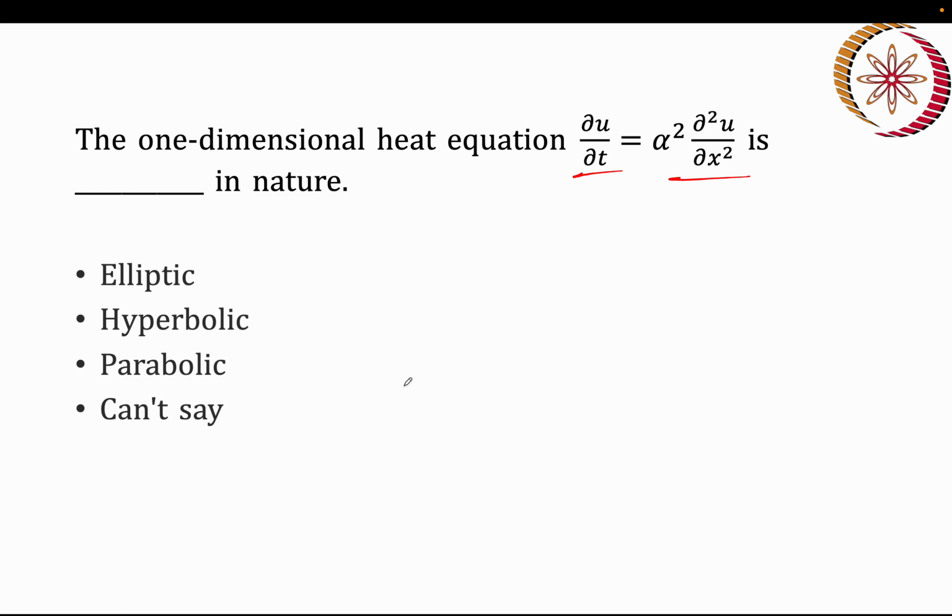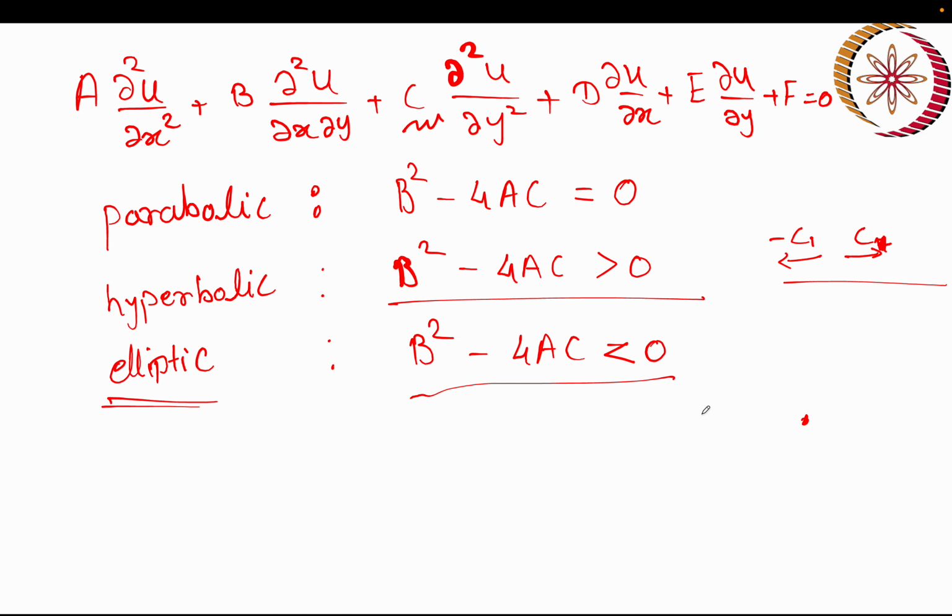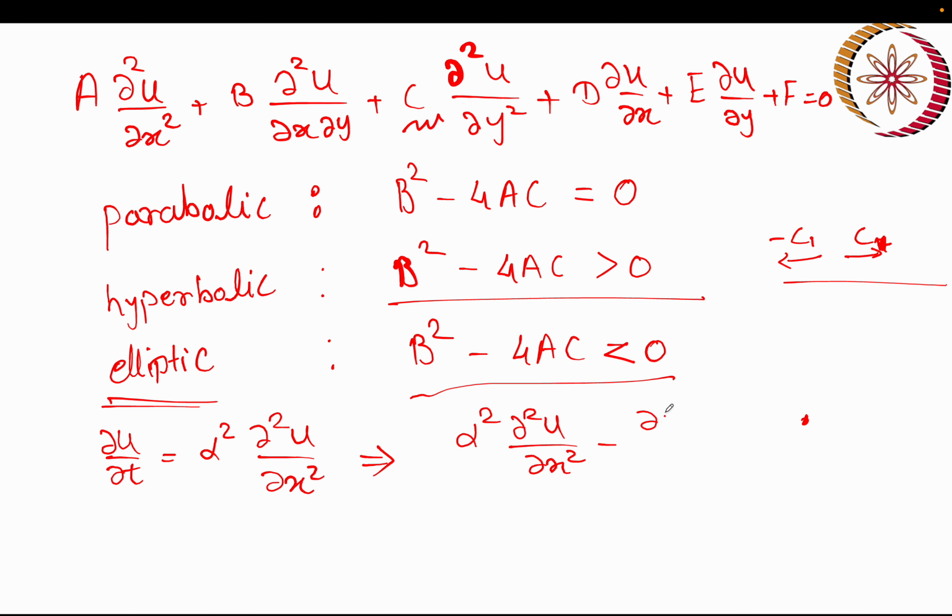Okay, so if we come to this equation, we can write it as del u by del t is equal to alpha square del square u by del x square. So alpha square del square u by del x square minus del u by del t equal to 0. This is the standard form, and in this case a is equal to alpha square, b is equal to 0, c equal to 0.